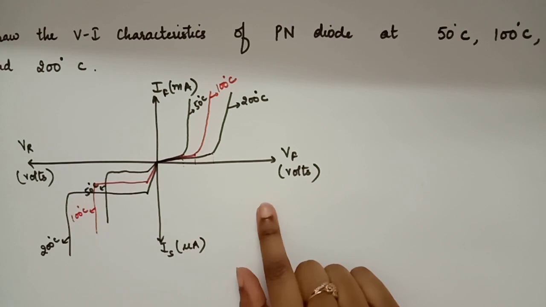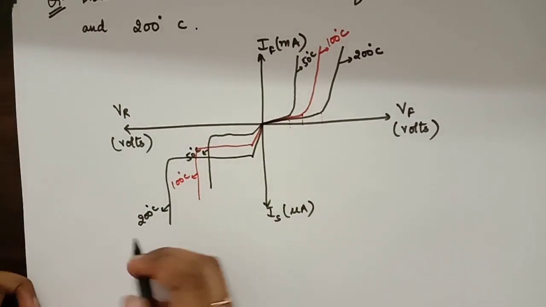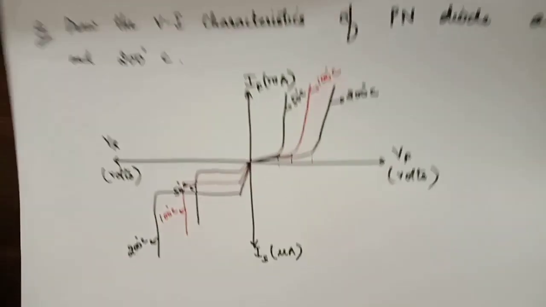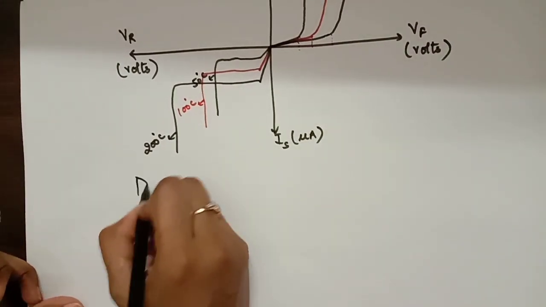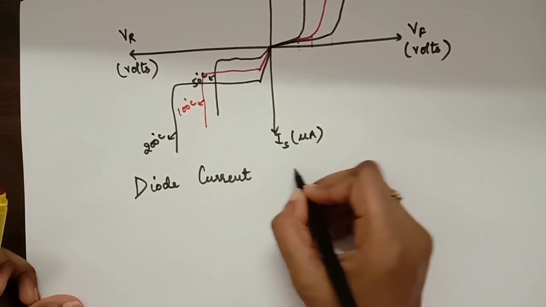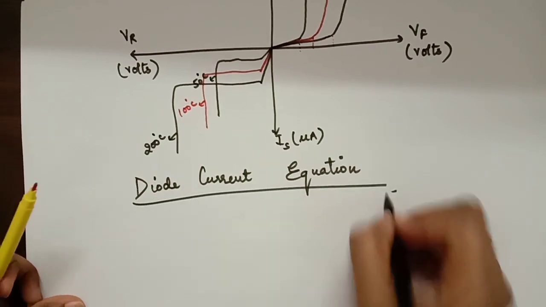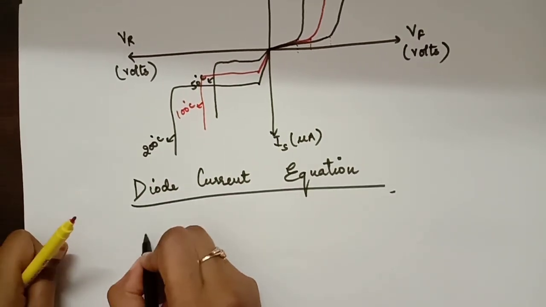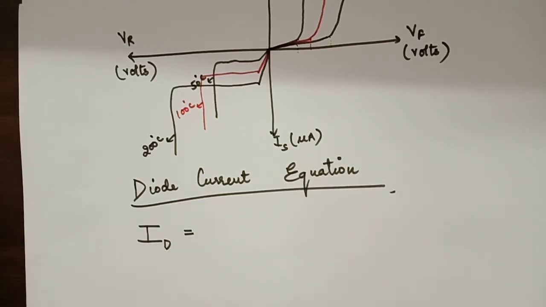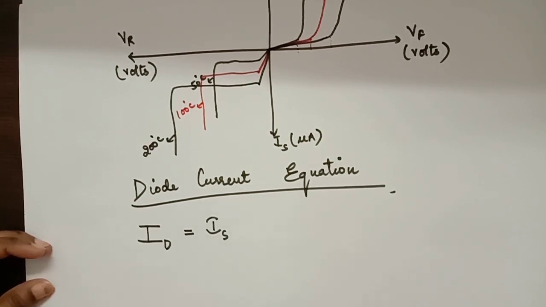Now the last thing that we are left with in today's lecture is the diode current equation. So let us see what the diode current equation is. Remember the diode current equation. Diode current ID is equal to IS, what was IS?